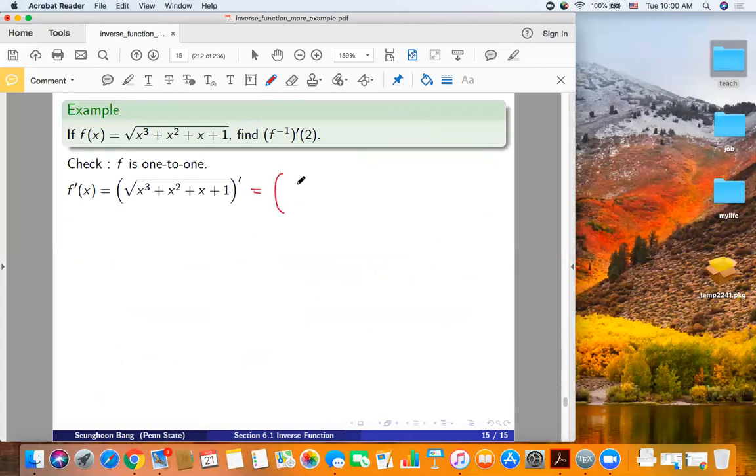The first one, you change it: x cubed plus x squared plus x plus 1, change it to the power form, to the power 1 half, prime. How can you calculate? Do you know this one? g of x to the power n, prime: the power n comes down, g of x to the power n minus 1, times the inner function prime.